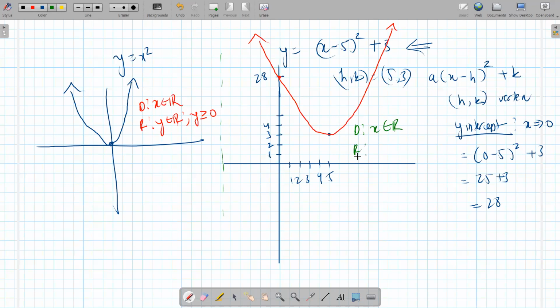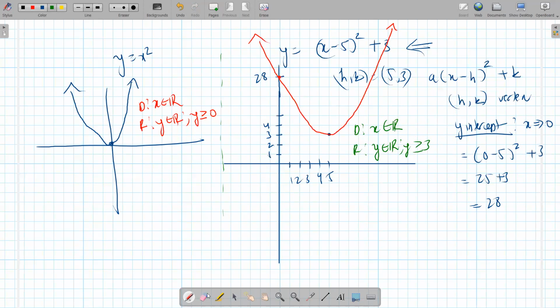The range is going to be everything equal or more than, not 0, 3. Yeah, equal to or more than 3. And that's for the transformed function. Quadratic, very simple. Let's move on.